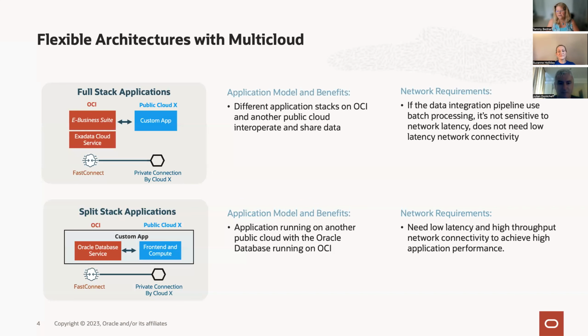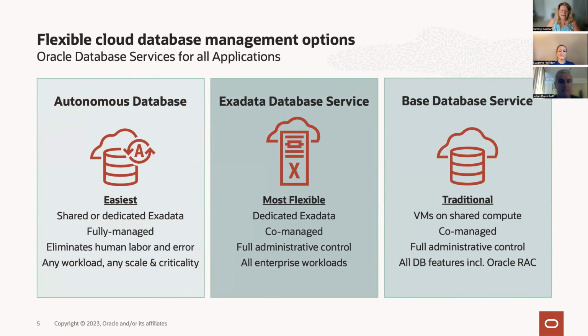Whenever you're running any kind of application in the cloud, you're looking at latency and throughput. You want low latency and high networking throughput with the network connectivity to really achieve the application performance that you're looking for. And we have lots of solutions around that, as well as our database management options.